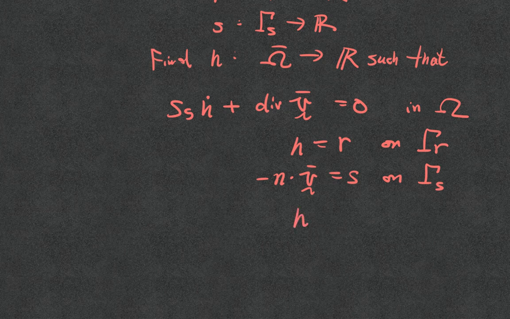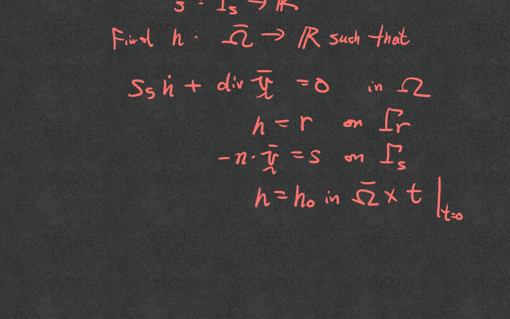And h equals h0 at t equals 0. What is the last thing here? It is the product space of the space and time. You see what I mean?